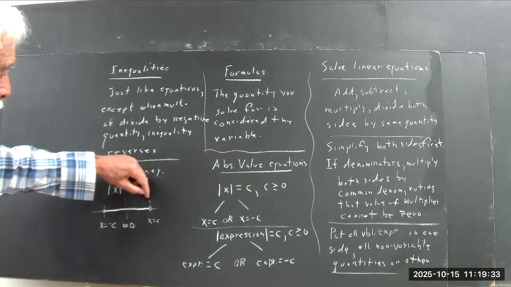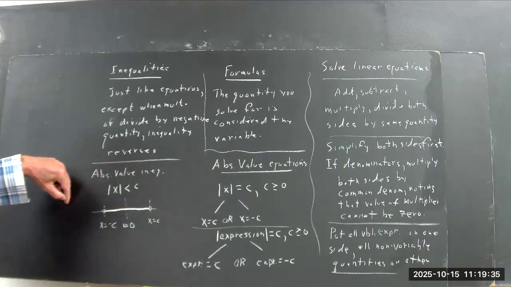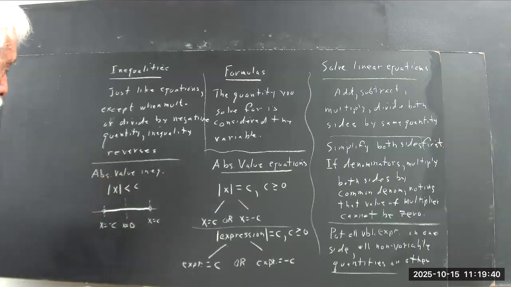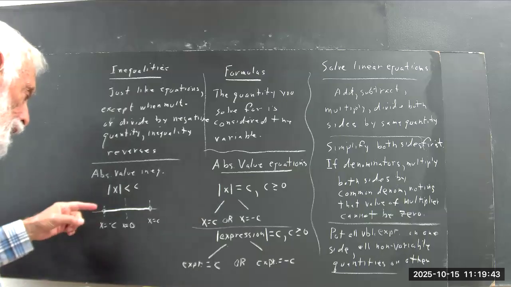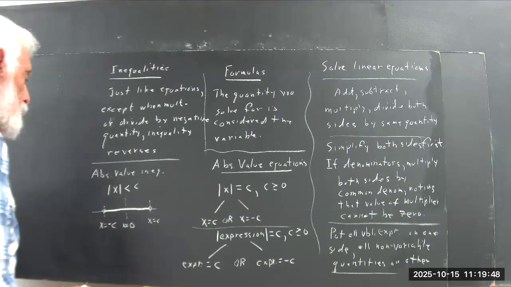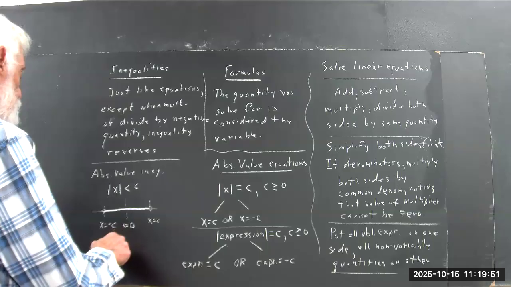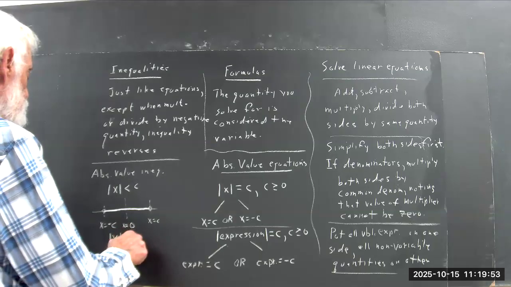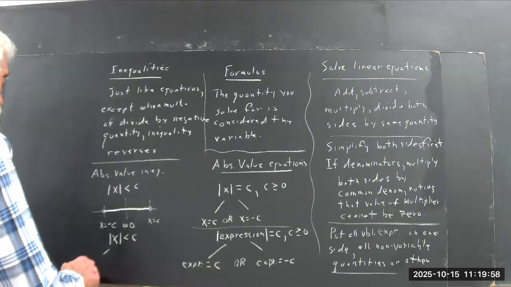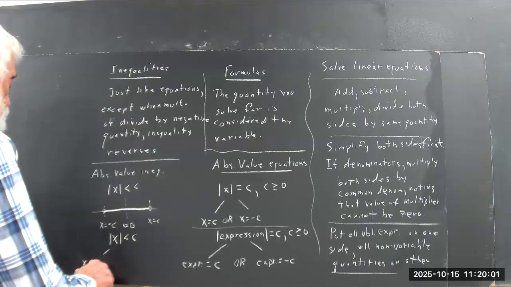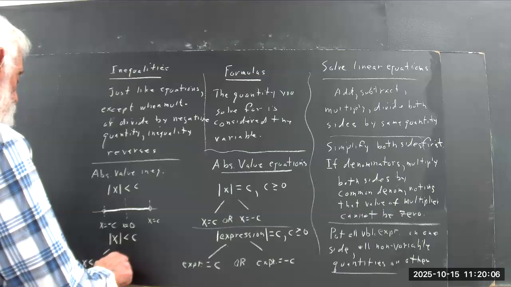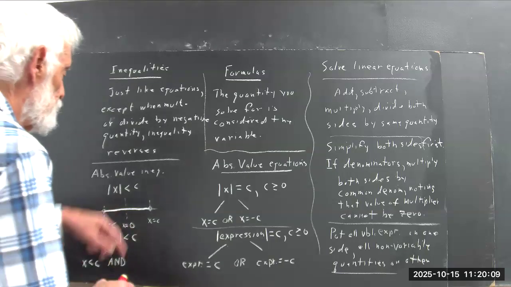Because x has to be less than C, but x less than C would go all the way to negative infinity. But x also has to be greater than negative C. So we can say that the absolute value of x less than C breaks into two inequalities. x less than C, but x less than C isn't enough.